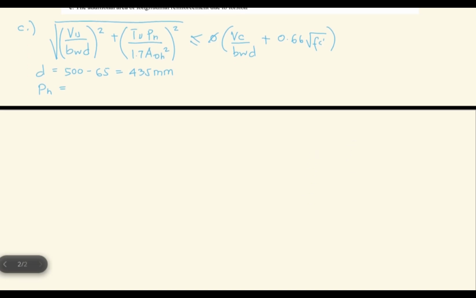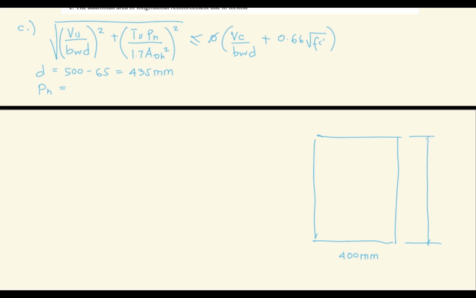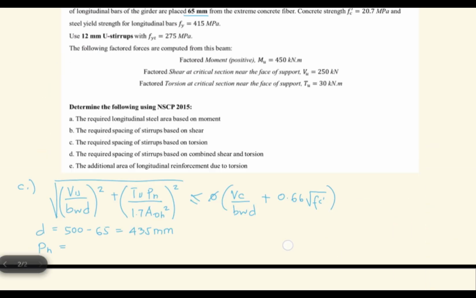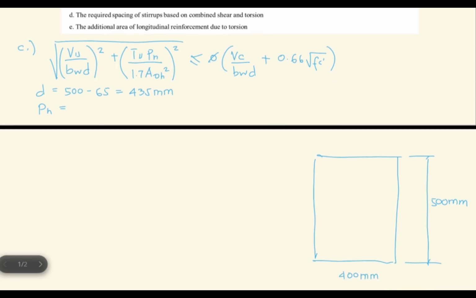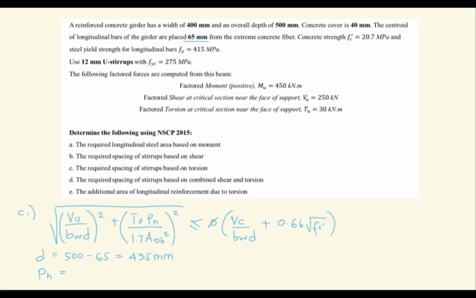So we have this cross section, which is equal to 400 mm, whereas the overall depth is 500 mm. And then the concrete cover is 40 mm and the diameter of the stirrup is 12 mm.